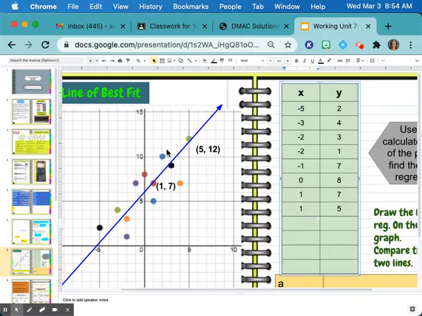And then we're at that blue point, so it'd be 2, 10. And then 3, 9. 4, 7. And 5, 12. Do y'all agree? Yes. Okay.